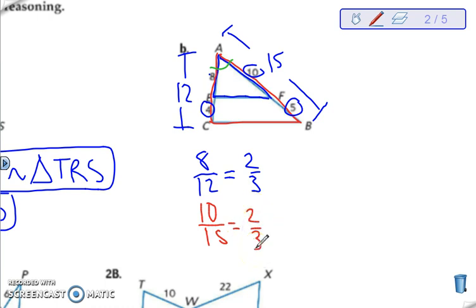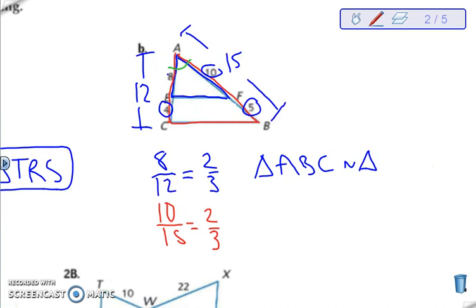So I have this matching scale factor on both sides of the triangle. Therefore, triangle ABC must be similar to triangle AFE, using side, angle, side similarity.